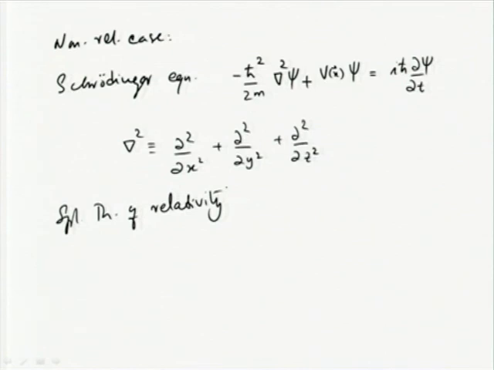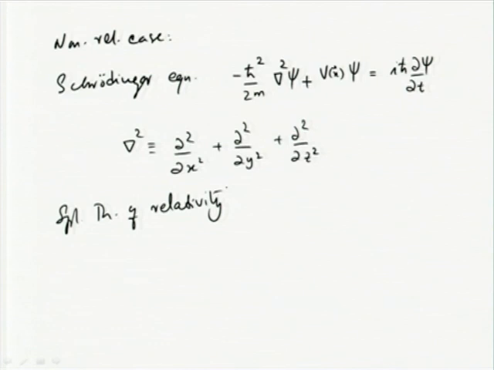In fact, when you go from one frame to the other, they mix together. So, their identity as time coordinate and spatial coordinate is a little vague there. We have to take them on the same footing. Then only we will get the kinematics correct.